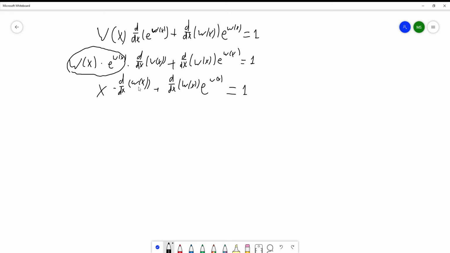Now we can factor out this one because they're the same. And now we just divide by this, and we get the answer.